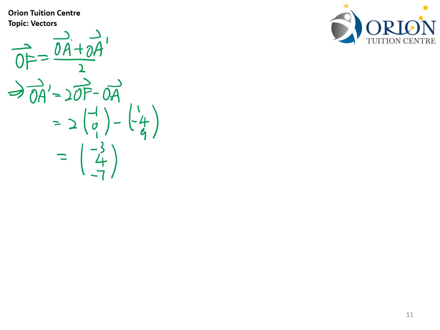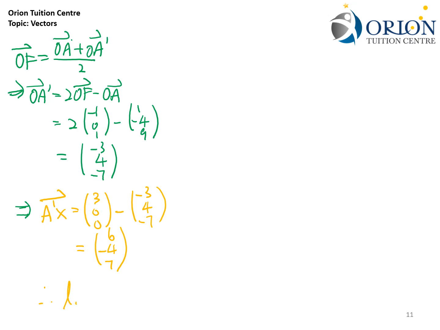And with this, I have the second point on my L1 prime, which I can now use to find out the direction vector. So finally, I have A prime X equals (3, 0, 0) minus (-3, 4, -7), which gives (6, -4, 7). And therefore, I can say that L1 prime has equation of r equals (3, 0, 0) plus alpha (6, -4, 7), where alpha is a real number.